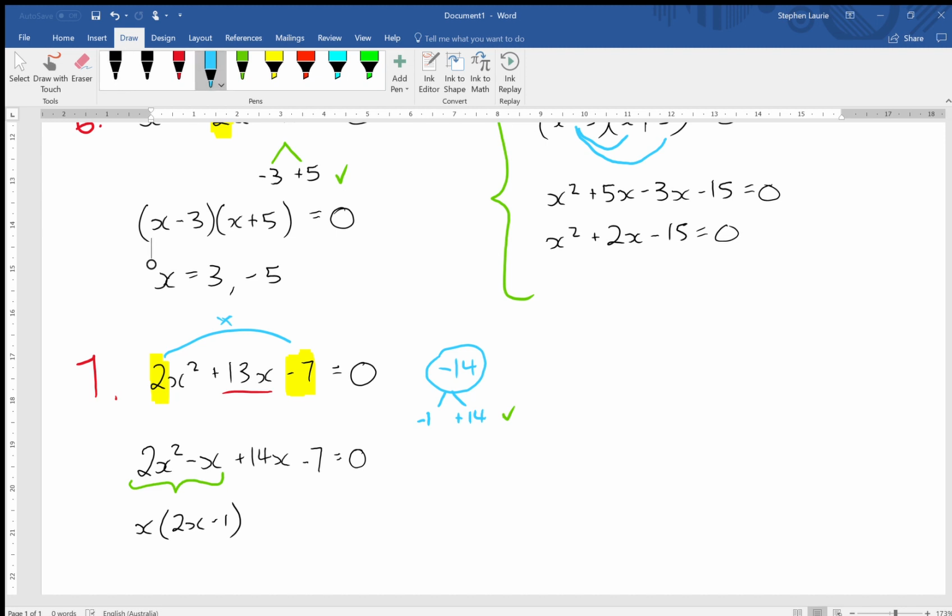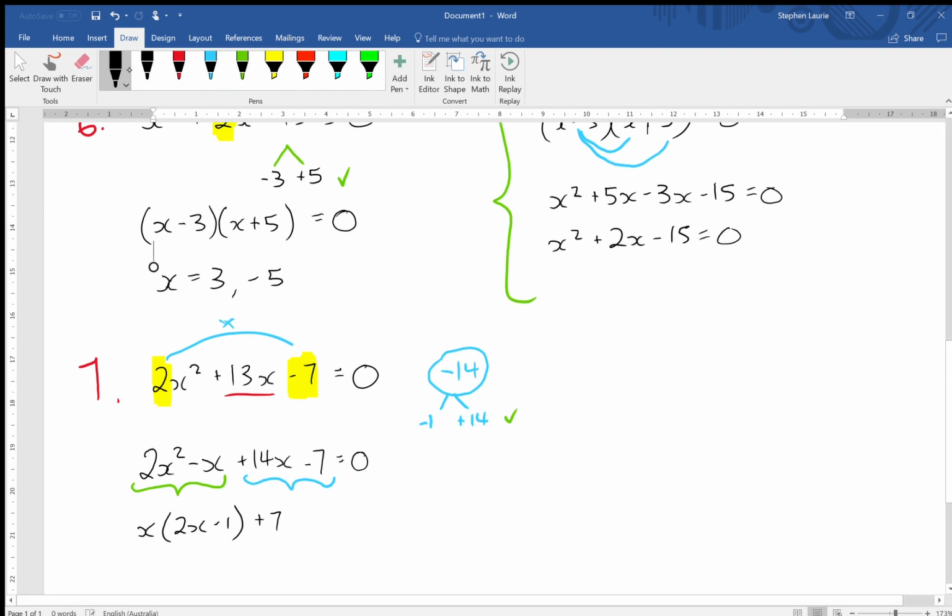And then we can look at the second pair, which is 14x minus 7. What's common? 7. And when we bring it out the front, we're left with 2x minus 1. So the same thing is in brackets.